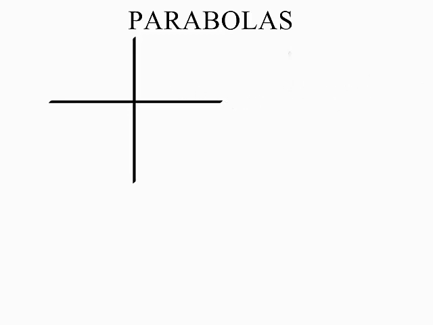So we'll say the vertex is at (0, 0), nice and easy. We're going to put the focus and make it open up. This is the focus. And then we're going to put the directrix down here. Here we go, the directrix.